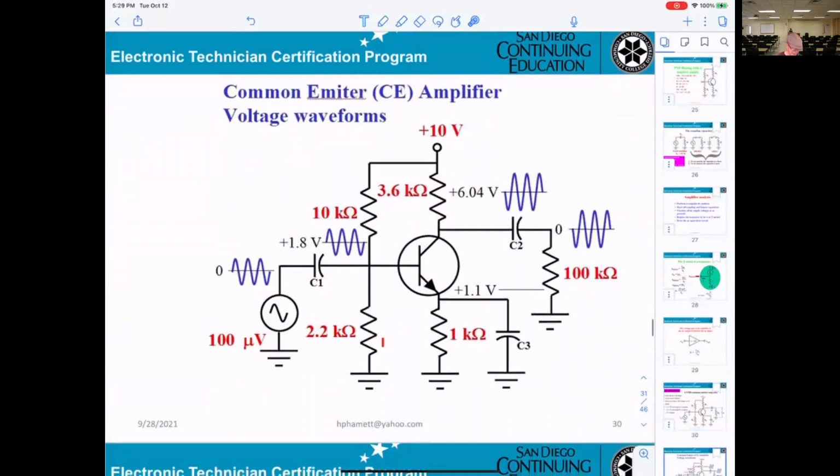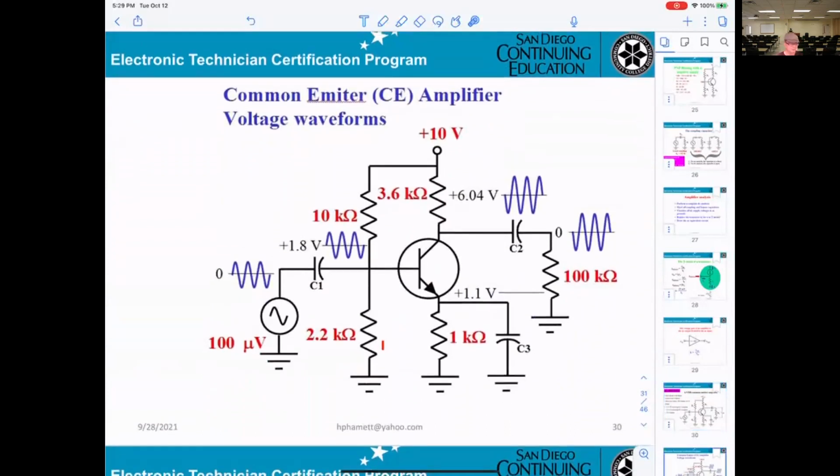This is really for your technician. When you're looking into the CE amplifier, they try to identify what signal will be at a certain point. First thing, you get a sine wave here. You see the 0 here; there is supposed to be no DC. When it goes through the capacitor, this signal goes to the base.